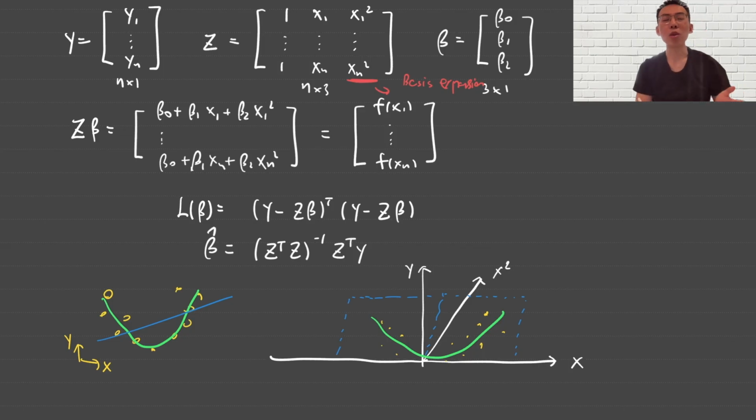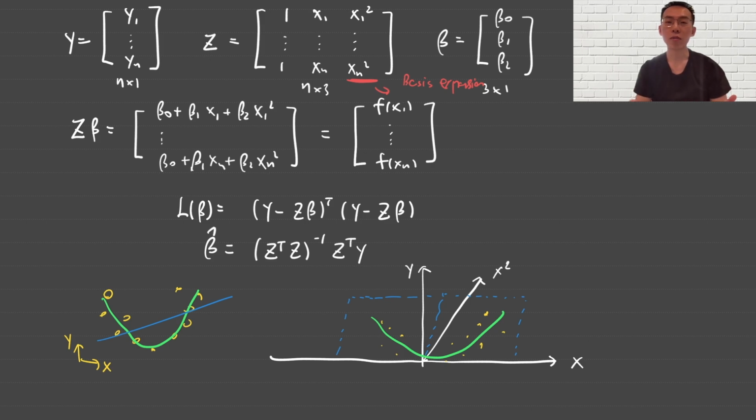But actually, this plot here is not the important part, because for most of our modern problems, we're easily dealing with really high dimensional data that we cannot visualize anyway.